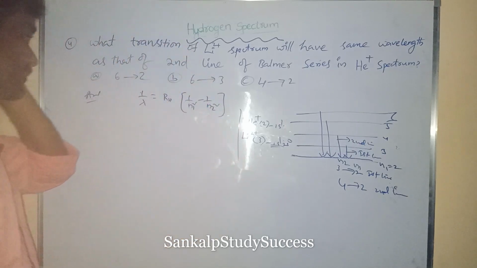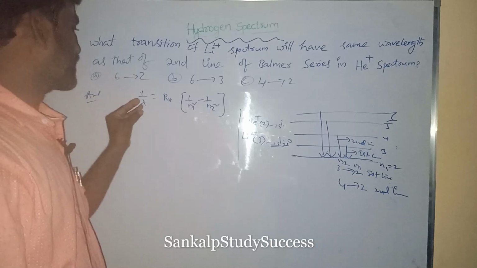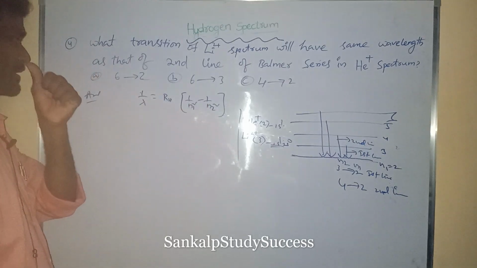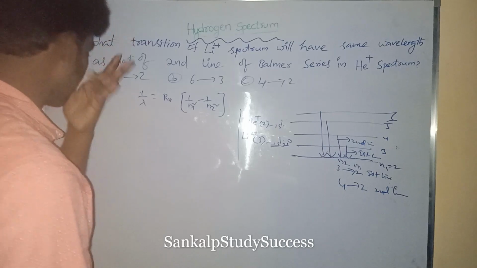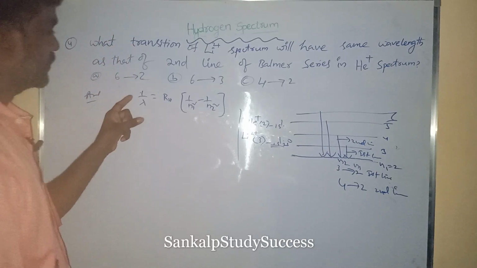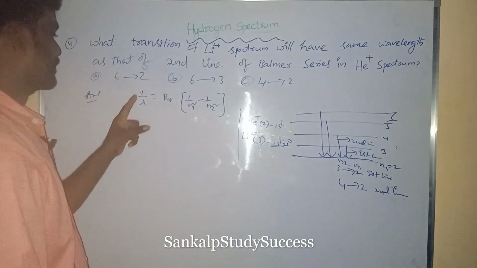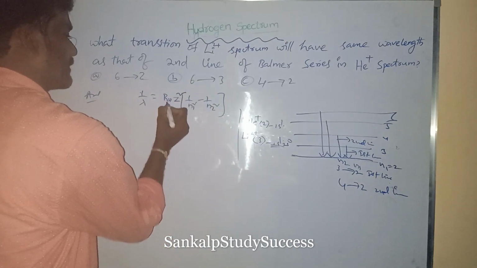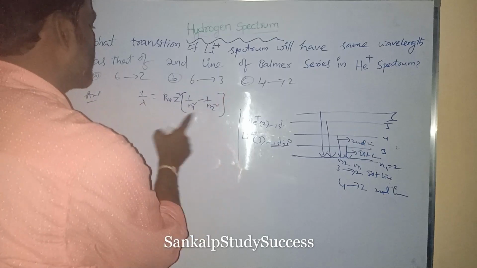The Rydberg equation for hydrogen atom is this. But for hydrogen-like atoms, Rydberg also gives an equation: 1 by lambda is equal to RH into Z square, the same but with Z square.